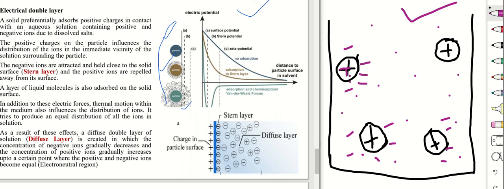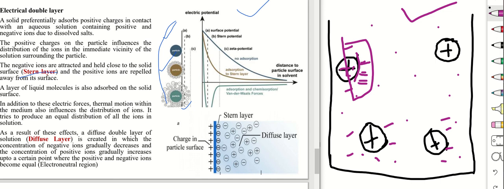At this immediate surface there would be one potential. All the negative ions that are attracted and held close to this solid surface, this immediate layer on the solid surface having negative charge, is known as the Stern layer.